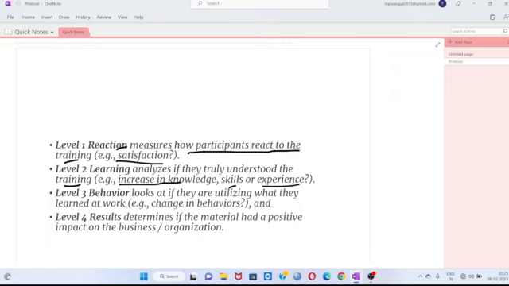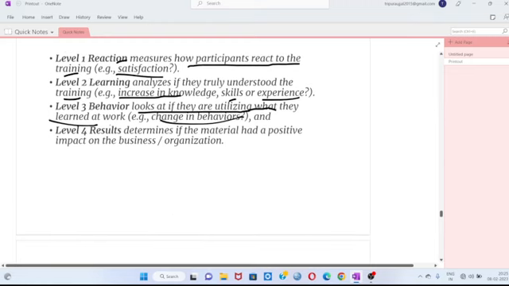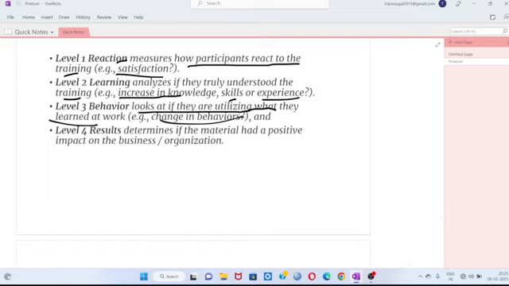Now behavior looks at whether they are utilizing what they have learned at work, and any behavior change after the training, because they have gathered skill and knowledge. Whether it is a change in their lifestyle or in their business. Now the result determines if the material had a positive impact on the business organization.